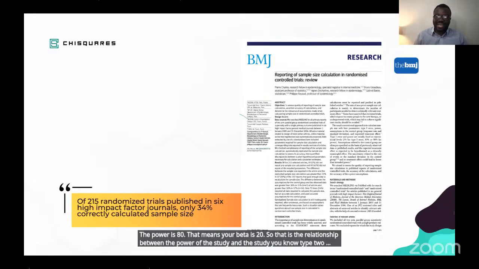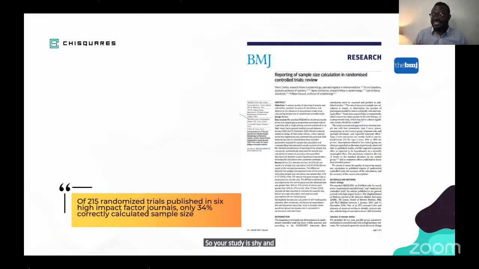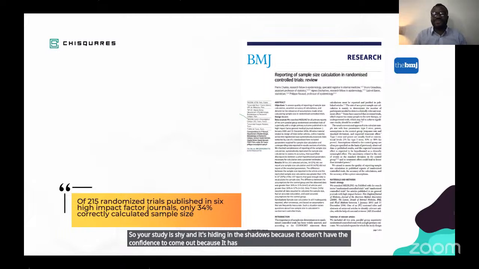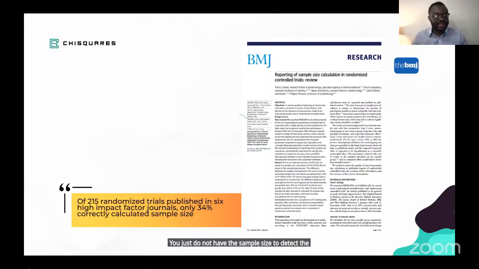So your study is shy and hiding in the shadows because it doesn't have the confidence to come out, because it has a small sample size. And so it ends up saying, oh, we're not significant, even though the study was significant. You just did not have the sample size to detect the differences that existed. We need to understand what causes that, and this is pretty common.